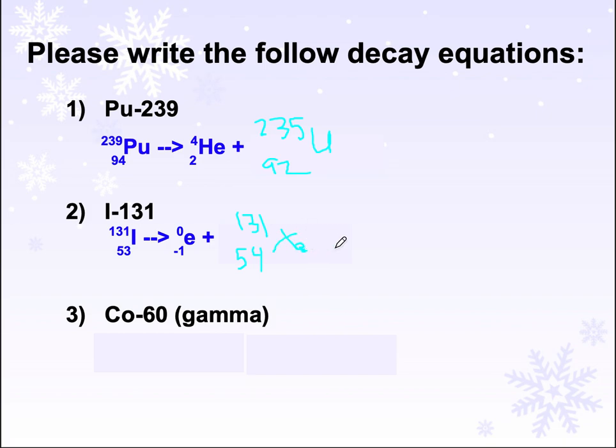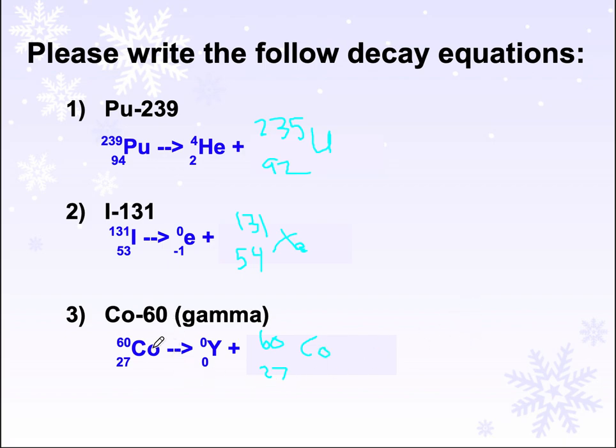Ooh, that's a baddie. And lastly, cobalt-60. I'm telling you, it breaks down via gamma, and gamma is easy because if you remember, gamma is just energy. There's no mass, there's no charge. So in this case, our top number is going to be the same as the left, and our bottom number is going to be the same as the left, which means that the thing with an atomic number of 27 is cobalt.